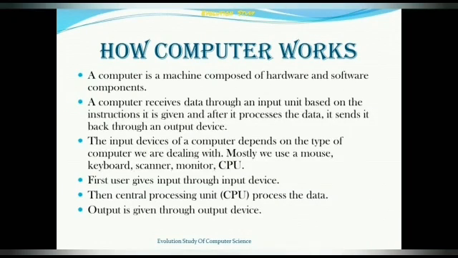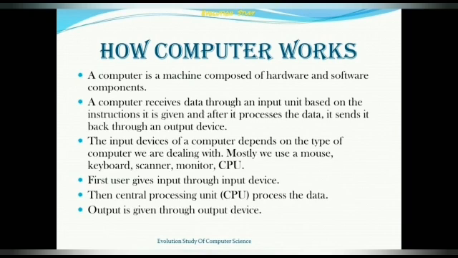Now let's talk about how the computer works. A computer is a machine composed of hardware and software components. A computer receives data through an input unit based on the instructions it is given, and after it processes the data, it sends it back through an output device.